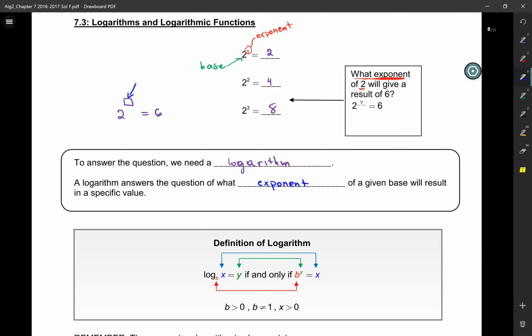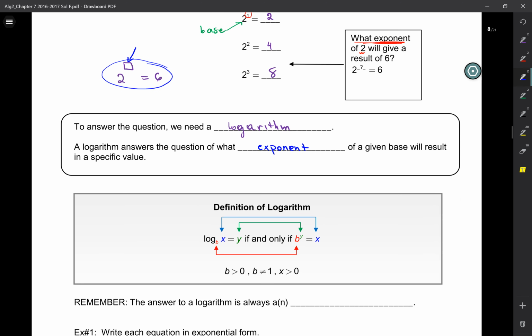It's an exponent. Okay, so now I can write my question like this, 2 to the box equals 6, but that's so elementary school, right? Or I could write it in another way. I could say log, okay, what's that number 2 called?